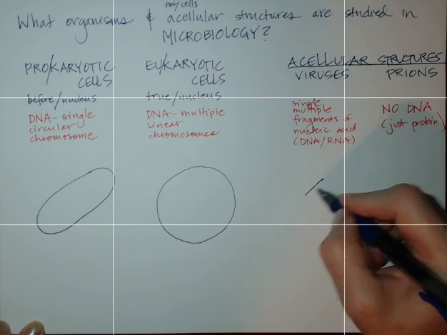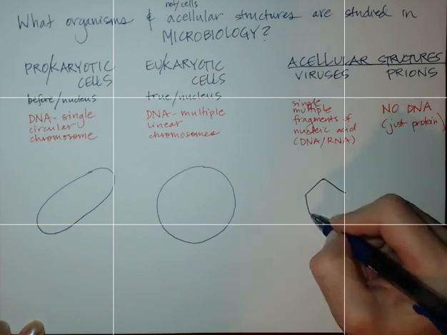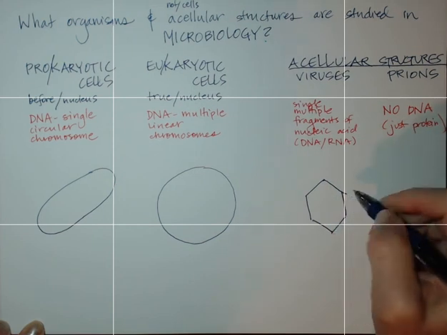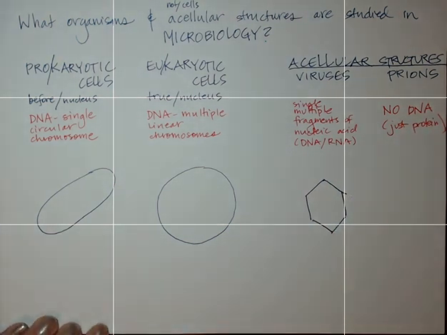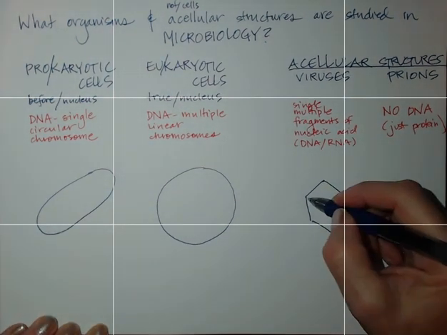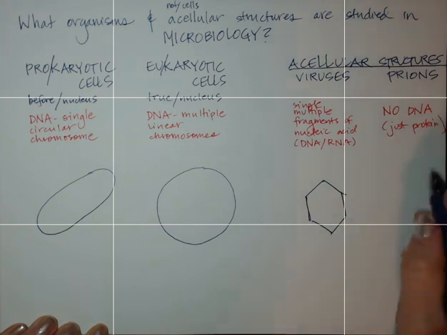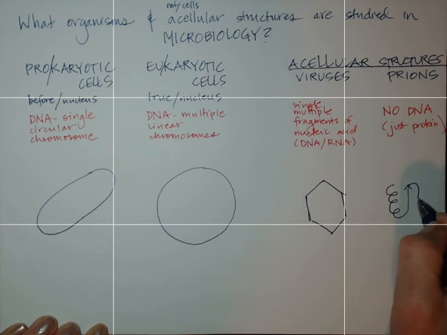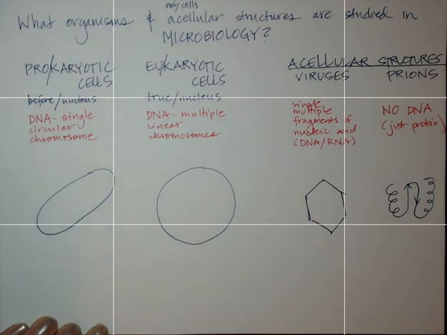And viruses, my standard prototype is a hexagon because they can come in geometric shapes and sizes. And prions are just those alpha helices and beta sheets that we find in proteins. So I'll draw those alpha helices and beta sheets like this.